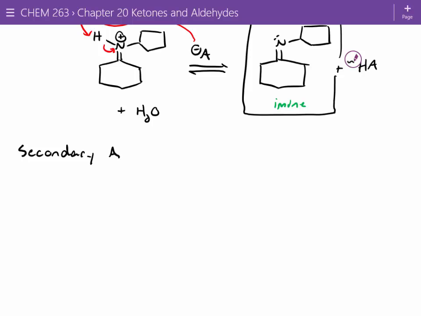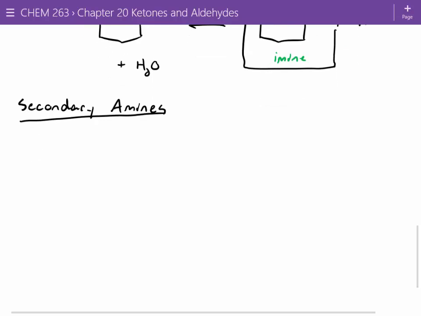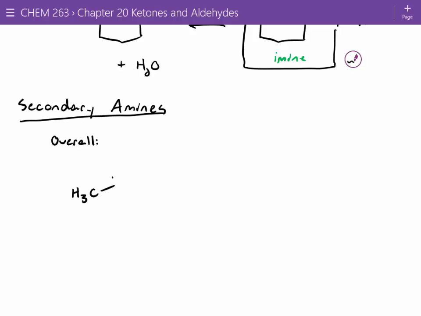Amines. All right, the overall reaction looks pretty similar, but our double bonds moved. So I'm going to take a generic aldehyde.